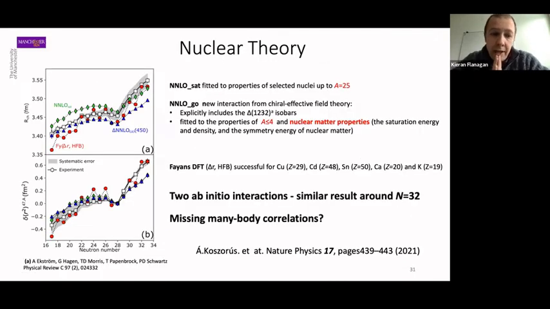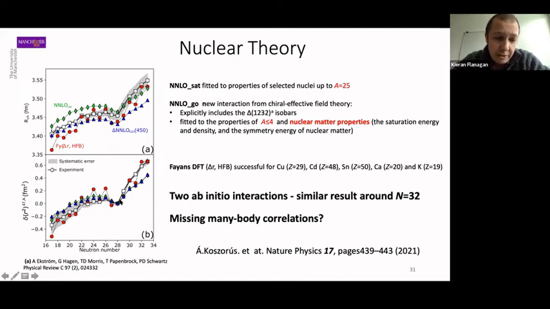So then when we compare the charge radii in the potassium isotopes to the theoretical calculations, we again use two models: the ab initio interactions, which expect there to be a shell closure at n equals 32, and DFT calculations, which don't explicitly expect there to be a shell closure at n equals 32.